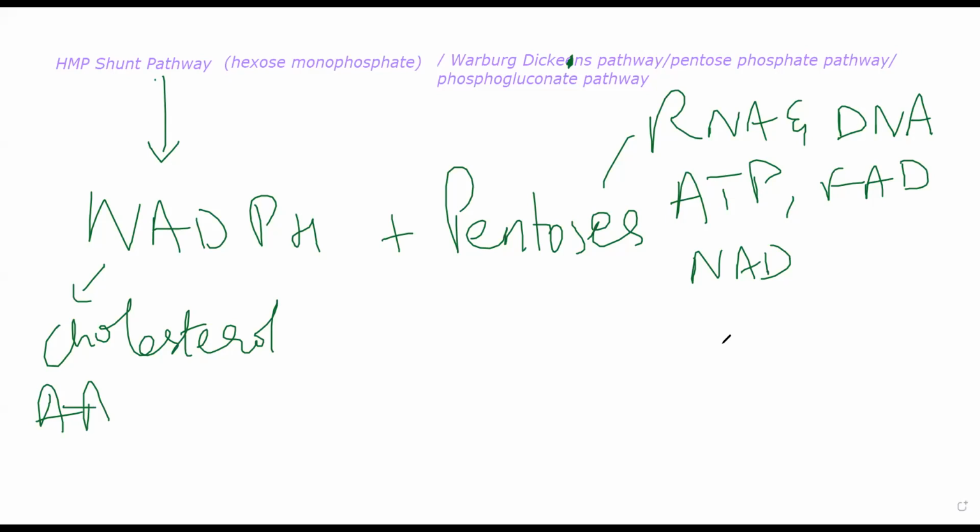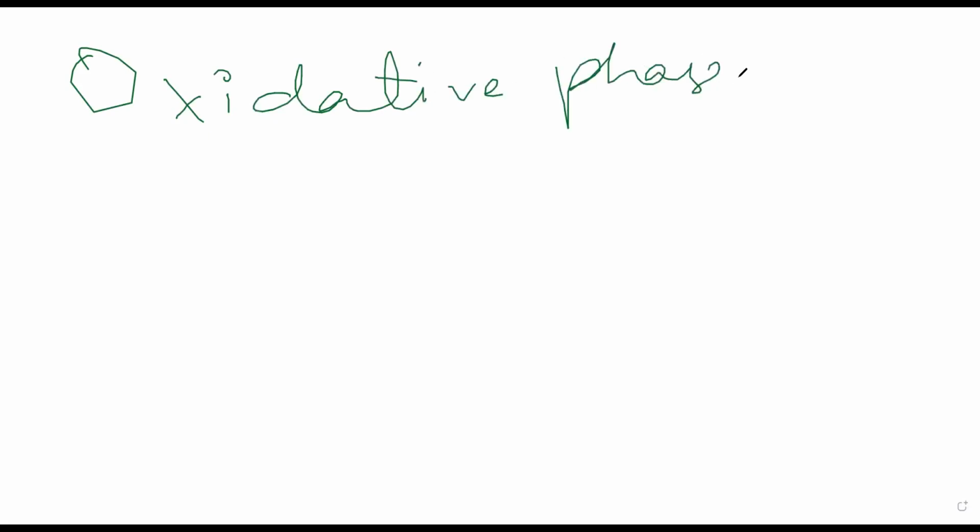Okay. Now, coming to the reaction itself, the HMP shunt pathway is divided into two phases. The first one is the oxidative phase. Then we have the non-oxidative phase.